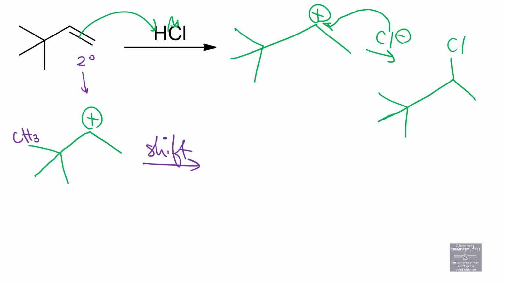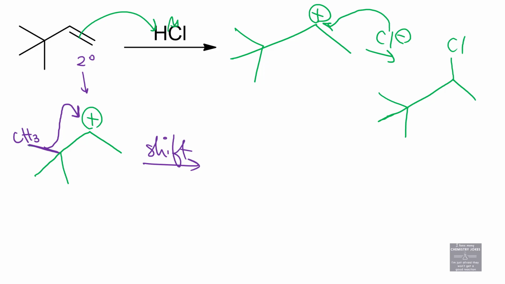The way this shift happens is a methyl that's sitting on the carbon next door to the carbocation hops next door. Note that curved arrow is coming from the electrons that are holding on that CH3. That CH3 hops next door and carries, so it's the carbon and its two electrons, and all three hydrogens hop next door.